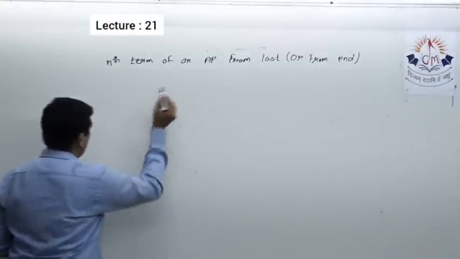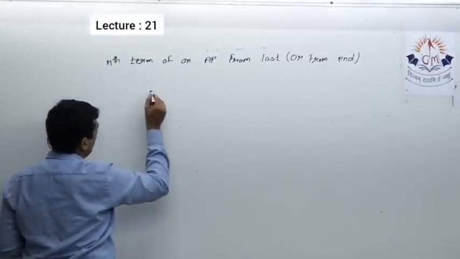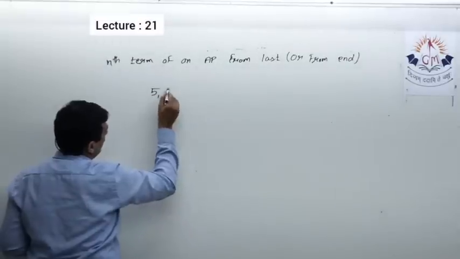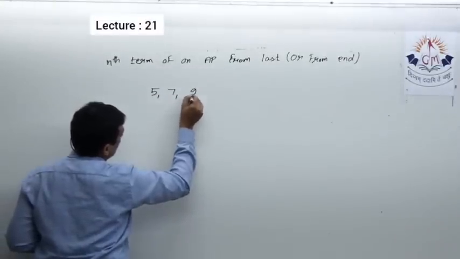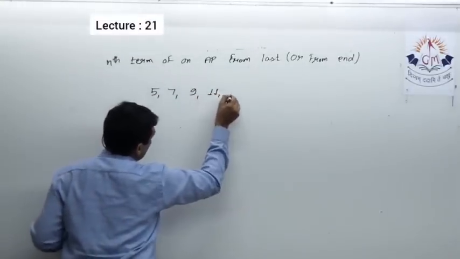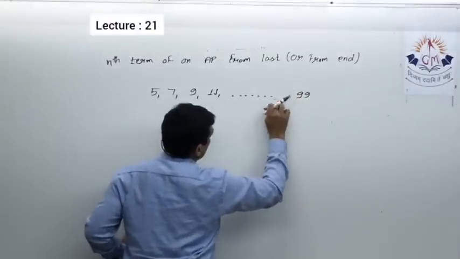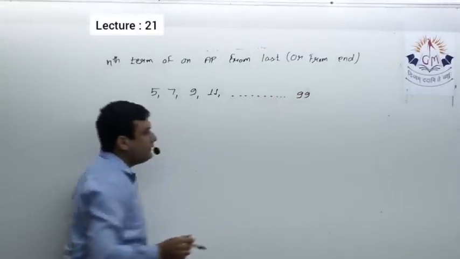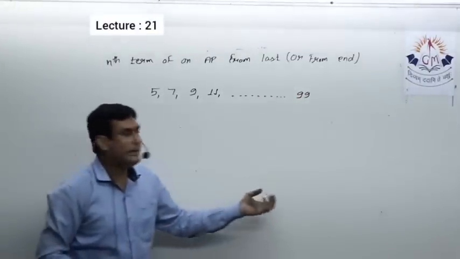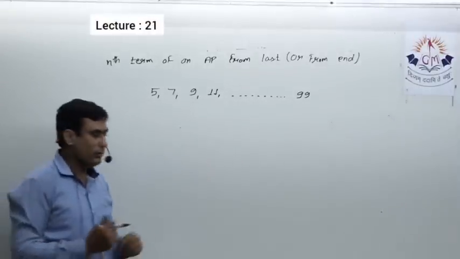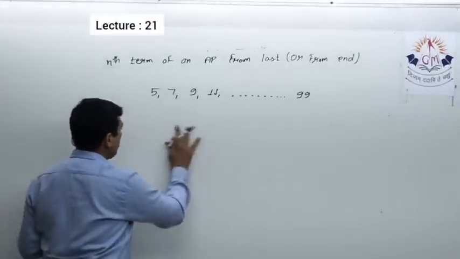Let me explain with the help of an example. Suppose I have the AP 5, 7, 9, 11 up to 99. Now suppose they are asking to find the 7th term or the 9th term from the end. So how do we approach this?